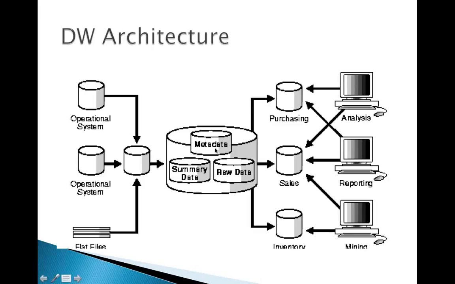How we categorize metadata, summary data, and raw data, and how we maintain them department-wise, these are all concepts, but we do all this using some tools or technology. That is called ETL tools and reporting tools in data warehouse. ETL stands for extraction, transformation, and loading.